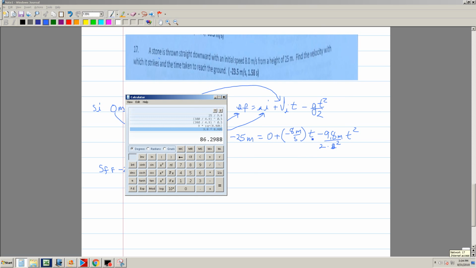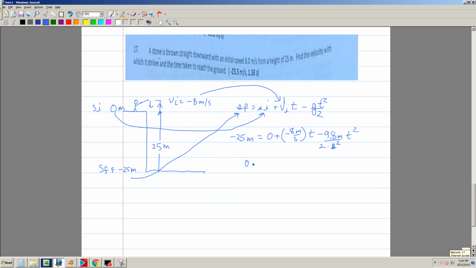Okay, so we're going to go ahead and set this to 0, and be 25 meters minus 8 meters per second t minus 4.9 meters t squared.